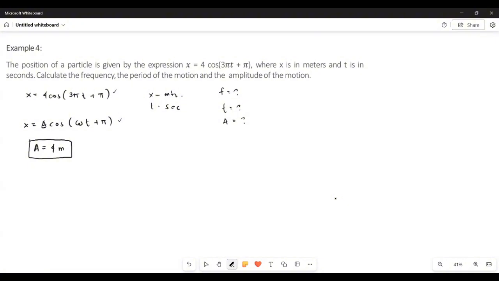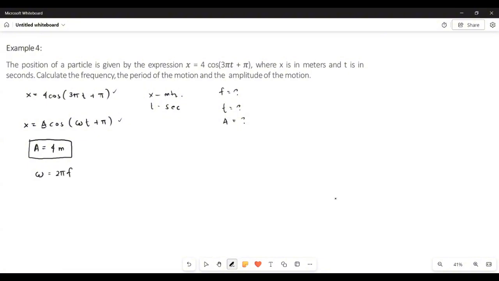So nauna natin i-solve yung ating amplitude, based lang naman sa formula. For the frequency, kung mapapansin natin, we have here yung angular frequency natin na lowercase omega, which is equal to 2 pi f.